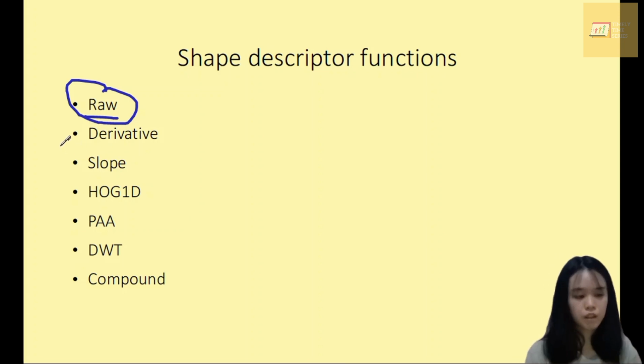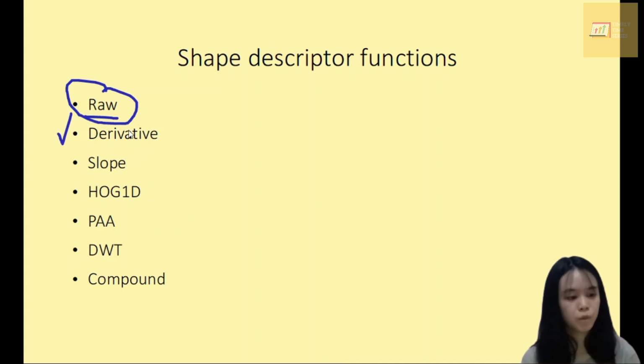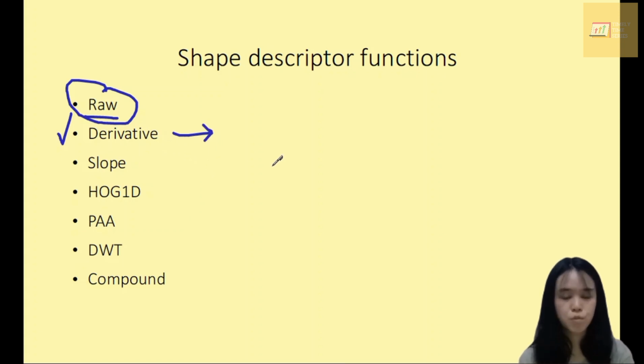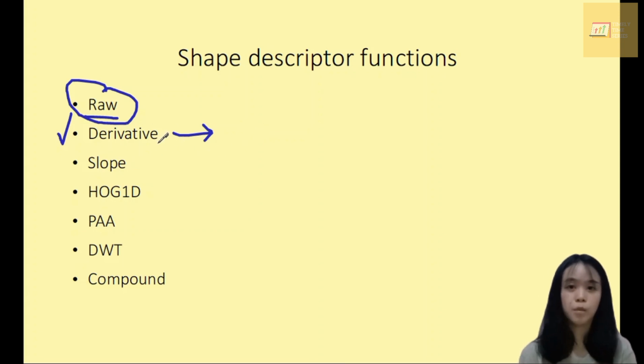The derivative here means that we will take a derivative of the input and get that derivative as our shape descriptor. The derivative function would be derivative of each point in the subsequence, and the formula is exactly the same as in derivative dynamic time warping or DDTW.